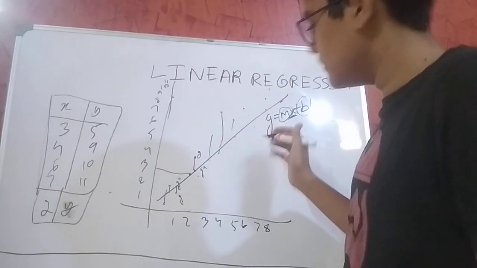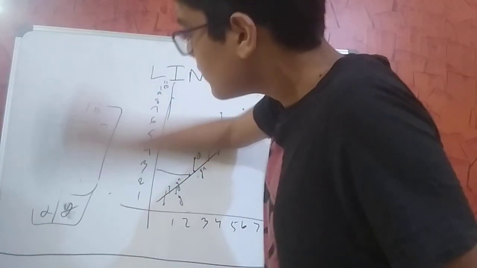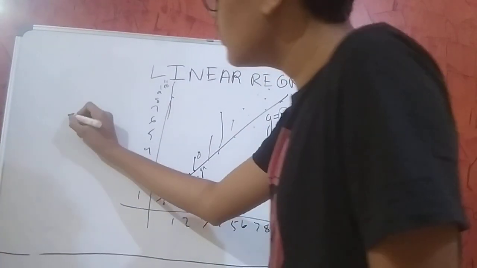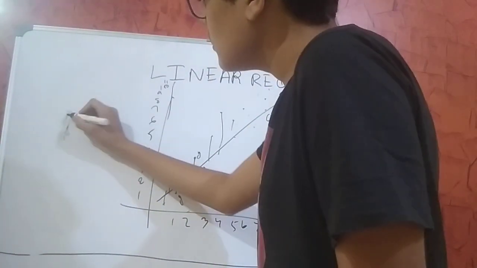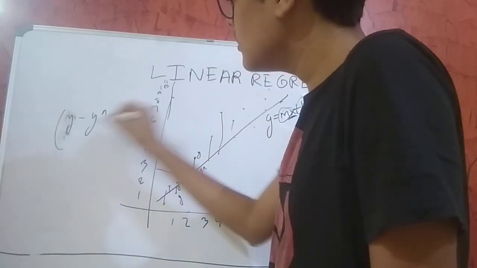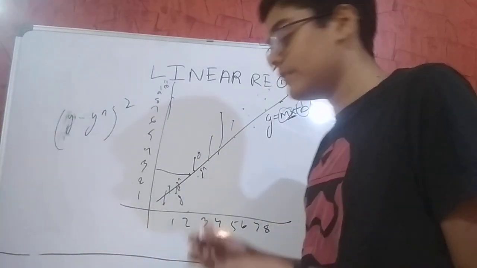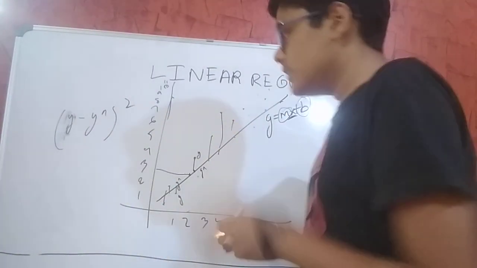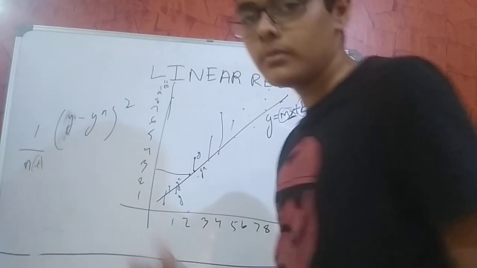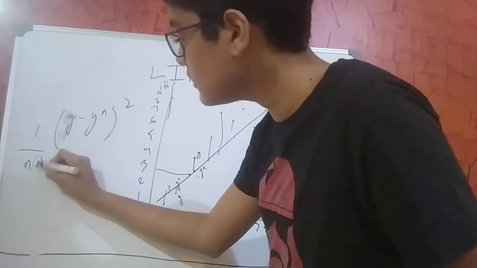So what we do is, all you can do is take y minus y hat, and you square that. So any number squared will obviously give you a positive value. And then you can take the mean of that, dividing by the number of training examples, basically the number of points.